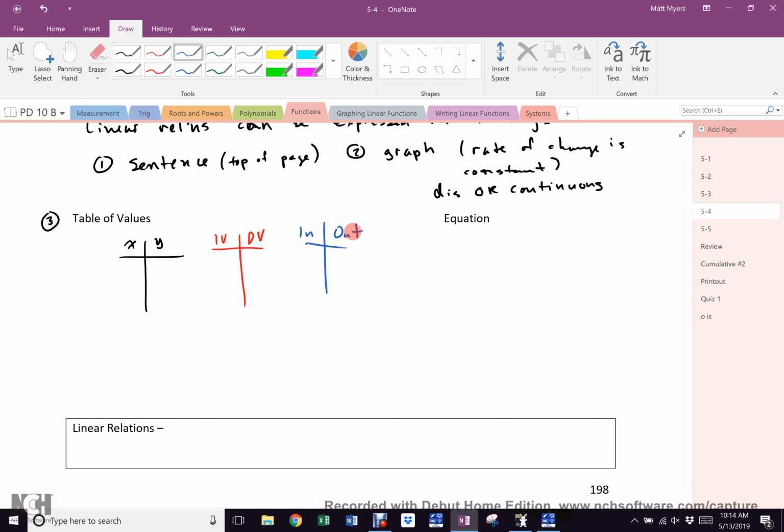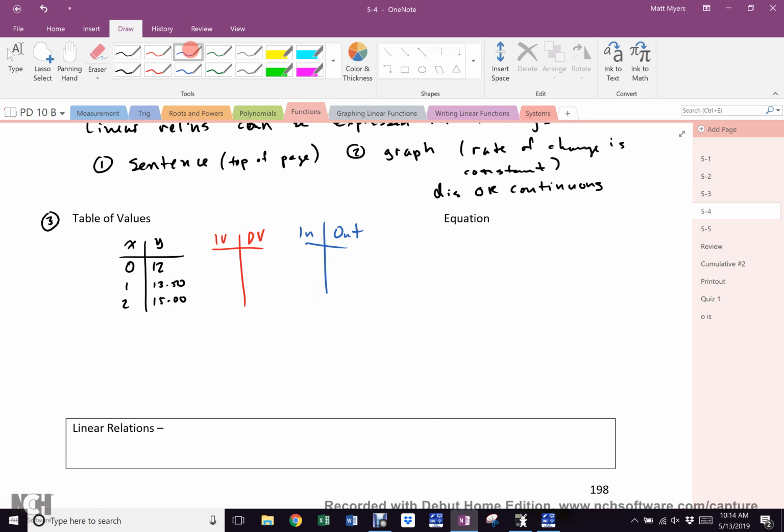Now, if we did the relation that we have just graphed, and we used x and y, it would be 0, 12, 1, 13.50, 2, $15. IV, DV was toppings, cost, same values. Input, output, toppings, cost, same values.